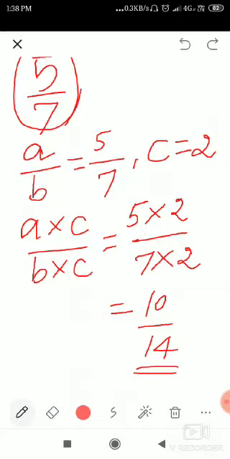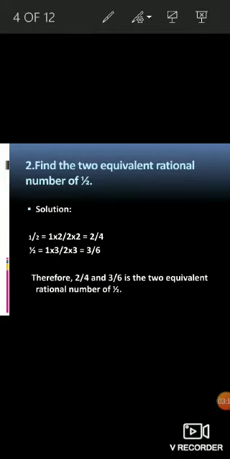So this is how you have to find equivalent rational numbers. One more example: find two equivalent rational numbers of 1 by 2. What we did for one equivalent rational number, in the same way you can find any number of equivalent rational numbers. We can start with the 2 table, and next 3, 4, 5 etc. Here the number given is 1 by 2.